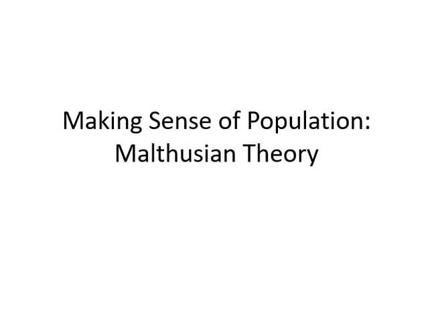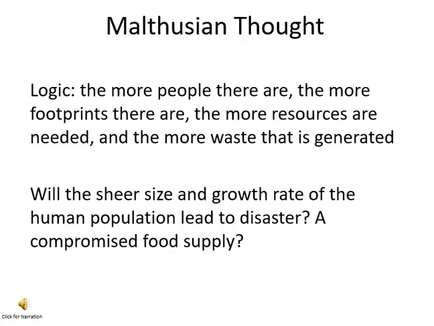So let's think a little more about population theory, and we'll begin that discussion by taking a look at Thomas Malthus. Malthus was writing in the late 1700s, early 1800s, and pointed out that the rate of population growth seemed to be moving at a faster clip than the rate of food growth, and that meant that we were on a path towards disaster.